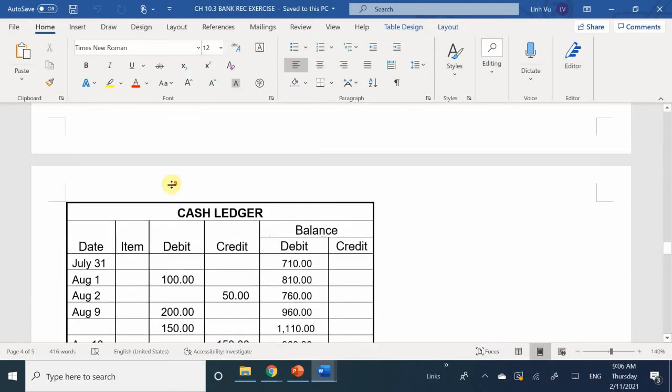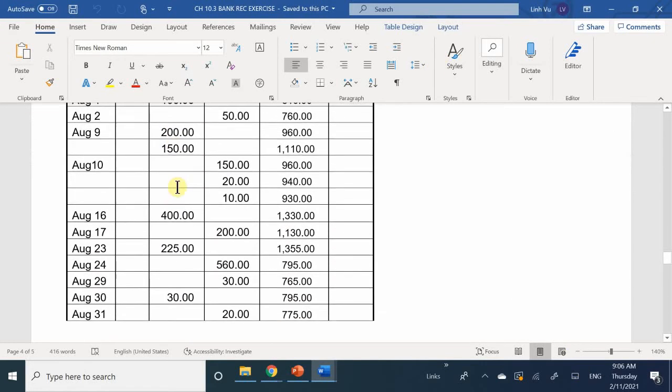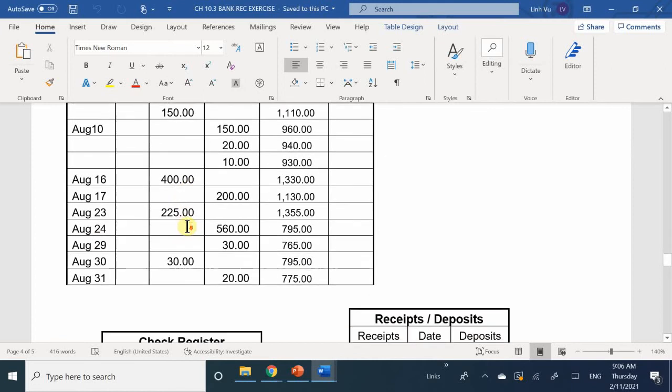What is my total ending balance? It's $795.